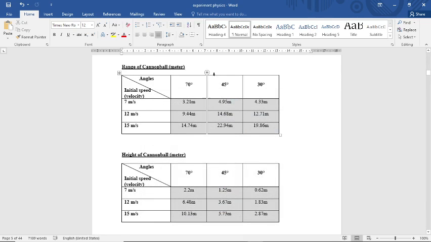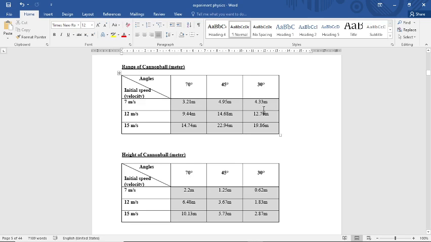Okay, for the range of the cannonball, the range increases when the angle is lower than 45 degrees, like 30 degrees, where we can see 44.3 meters, right?